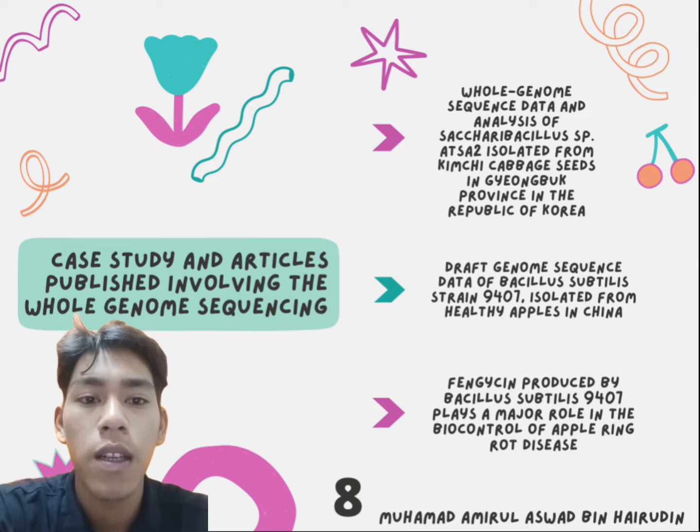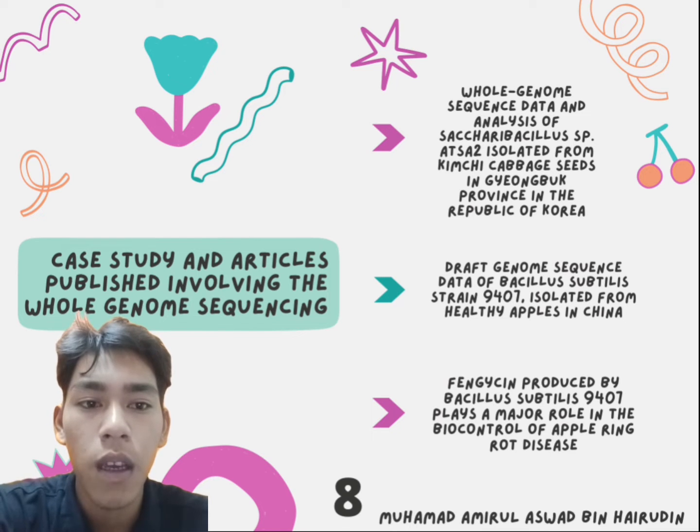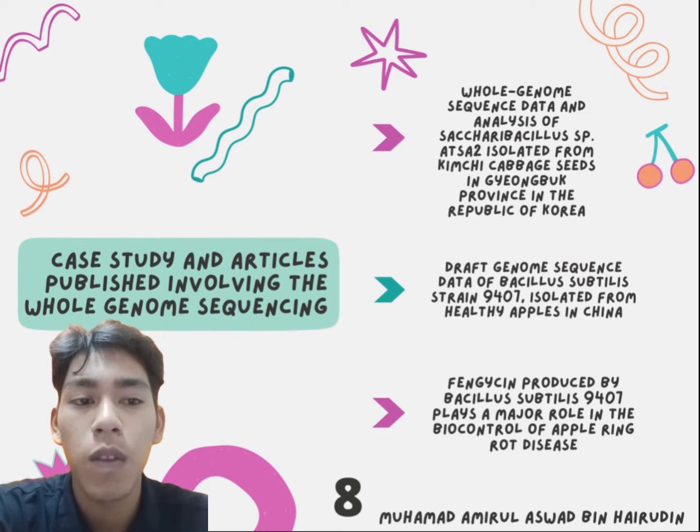The second one is draft genome sequence data of Bacillus subtilis strain 9407, isolated from healthy apples in China. And the last one is fengycin produced by Bacillus subtilis, which plays a major role in the biocontrol of apple ring rot disease in China.